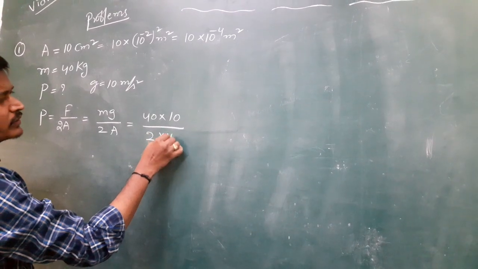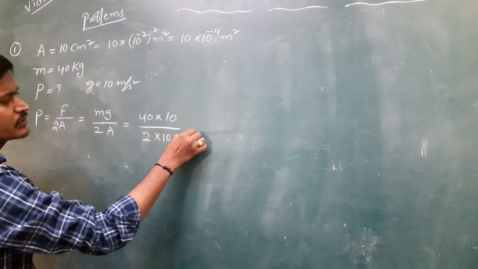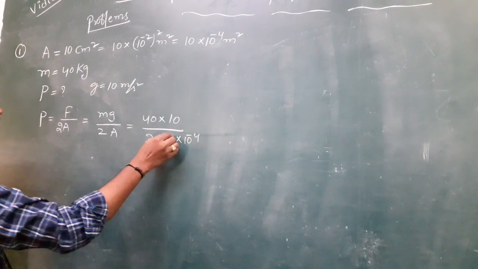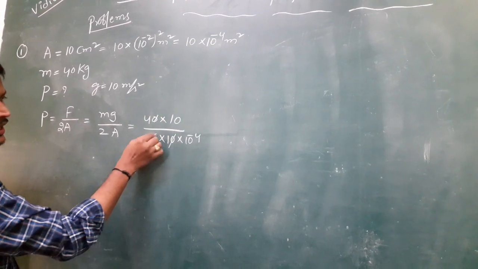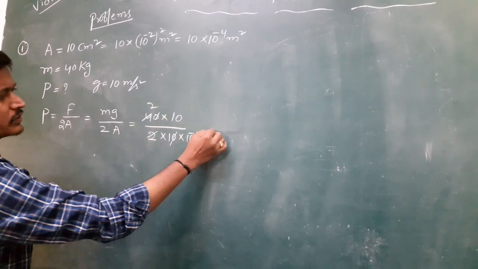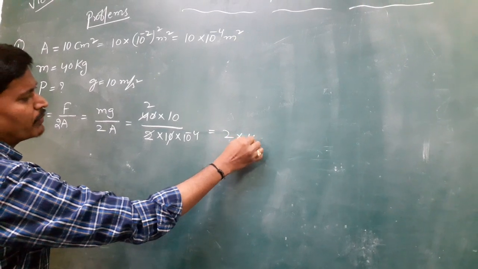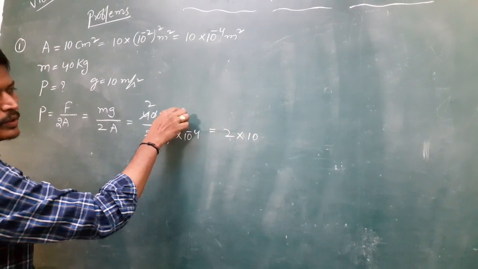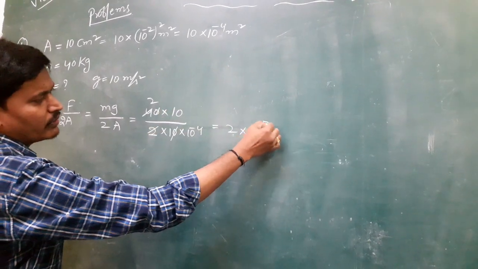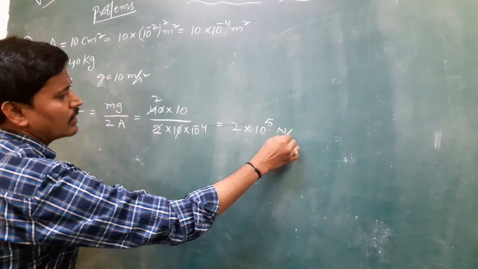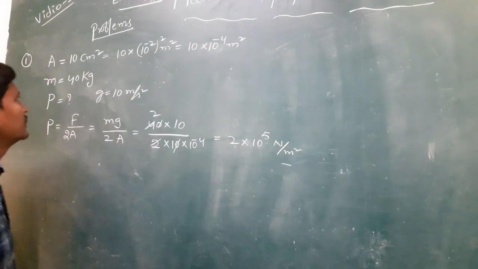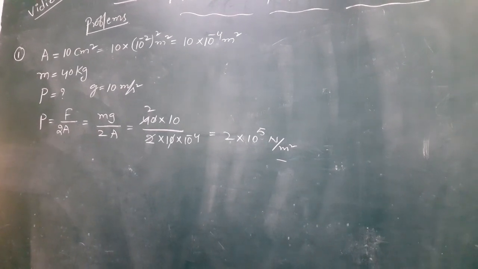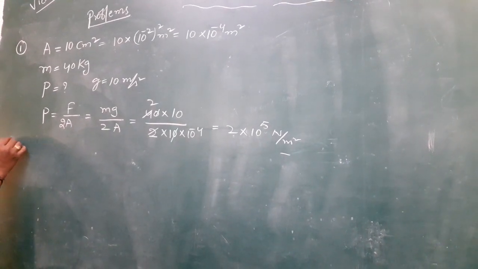So 2 into 10 into 10 power minus 4. Here the zeros get cancelled, 2 ones are 2, therefore 2 into 10 power 5 newton per meter square. This is the pressure on the human body.